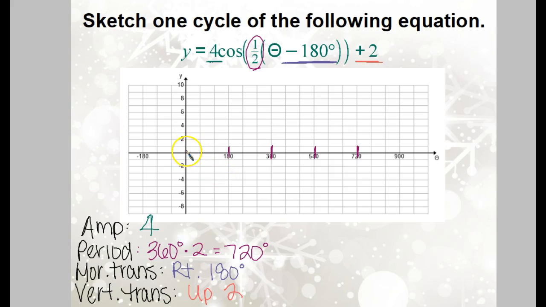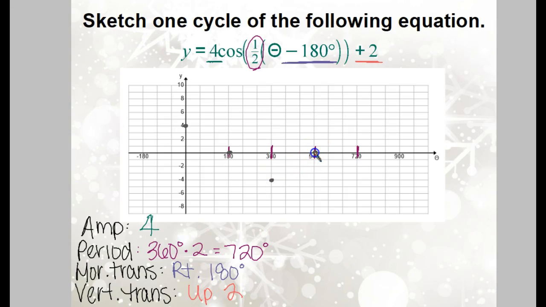So, starting at the y-axis, I know it's going to reach its highest point, which in this case is now going to be 4. And so I'm going to plot 4 right here. 1/4 of a way through, I know it's at the center axis. Halfway through its cycle, it's down at its minimum, so down to -4.